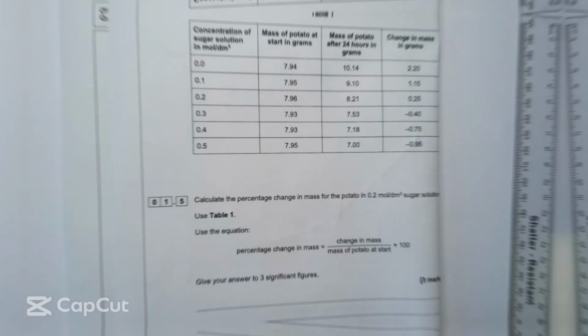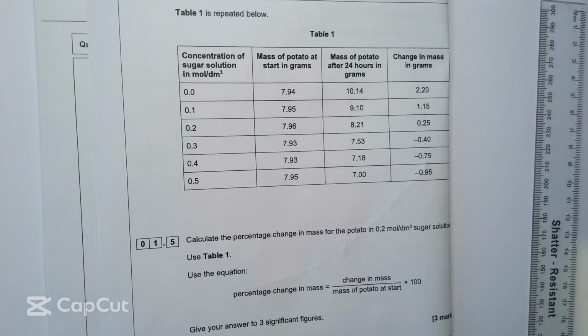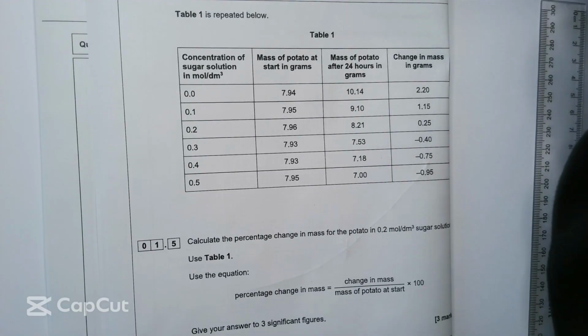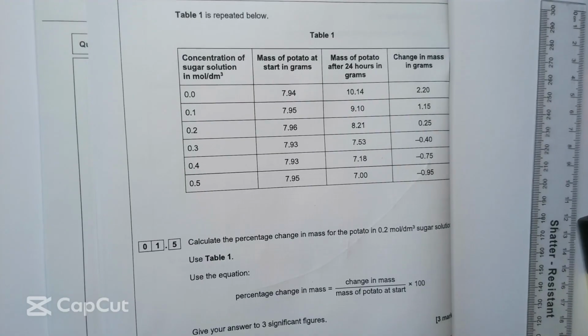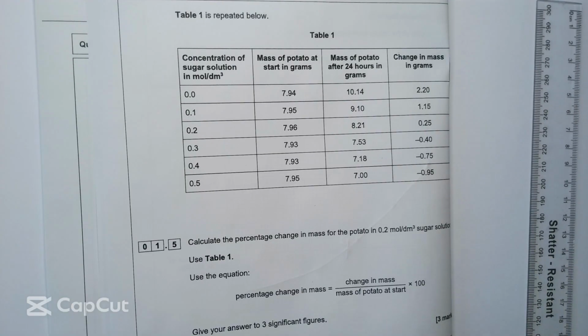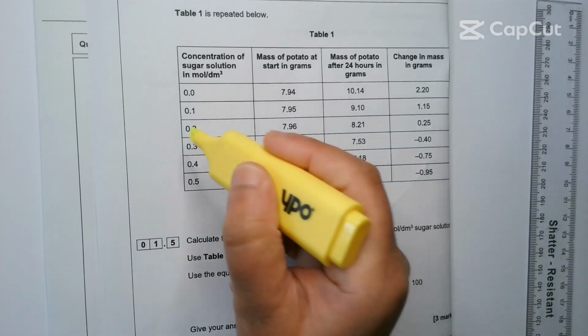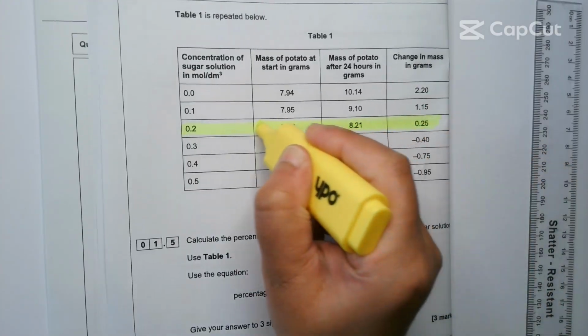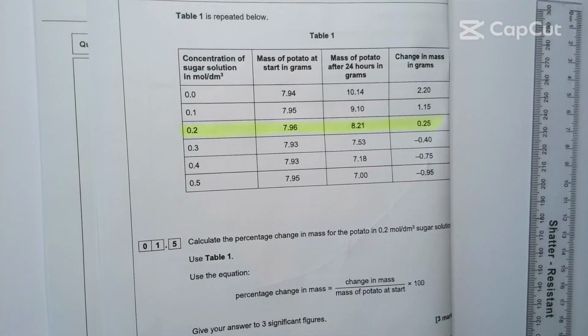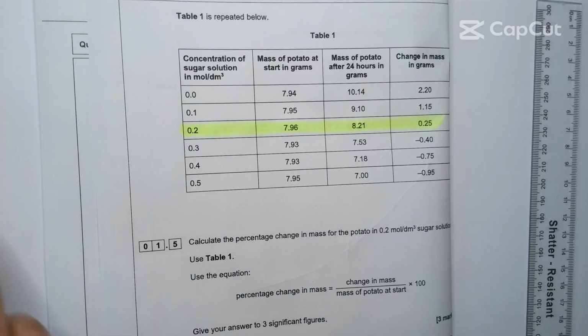Okay, so now we've got the same table again. So calculate the percentage change in mass for the potato in 0.2 moles per decimeter cubed sugar solution. Okay, so they've given you the equation, and it's advisable to use a highlighter and just highlight the row that you're interested in so that you don't take the incorrect figures from a different row.